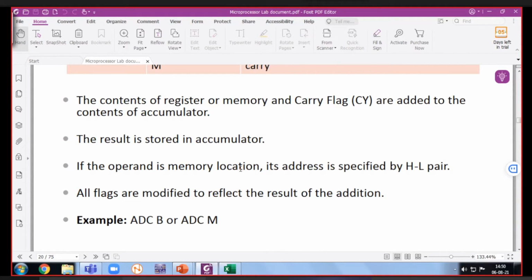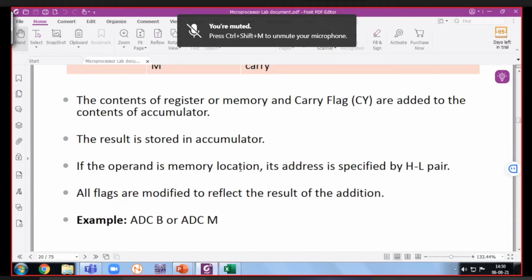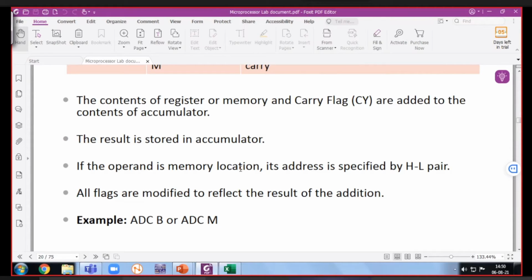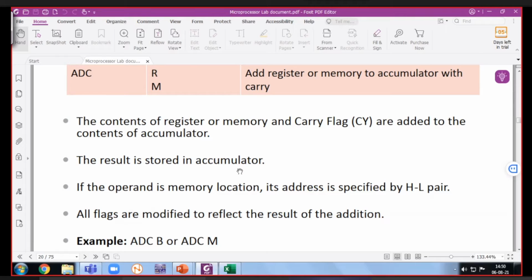Okay, read this. In ADC, suppose your instruction is ADC B. It means what?